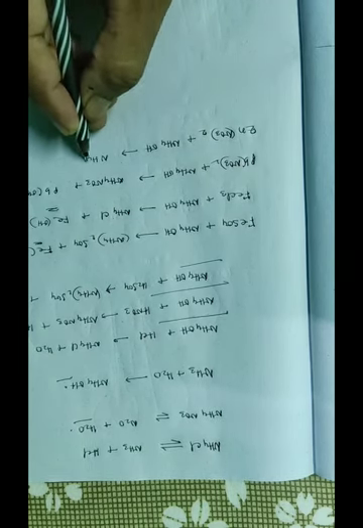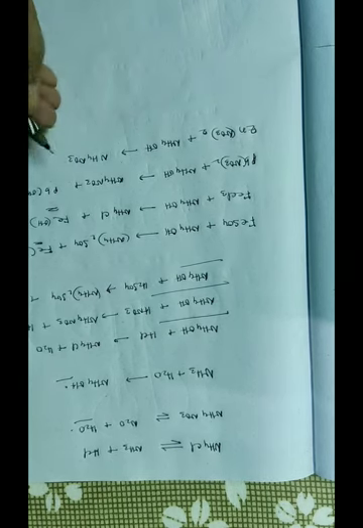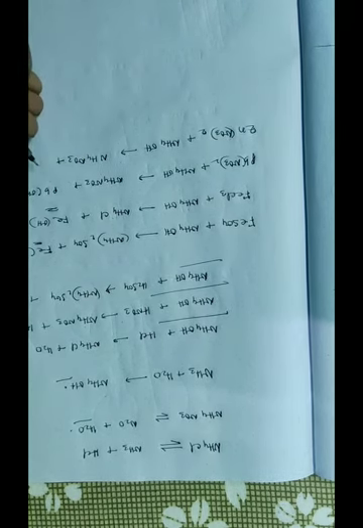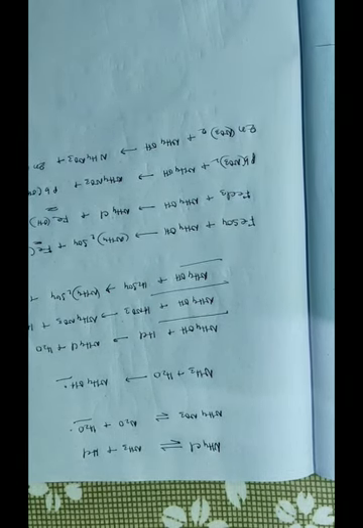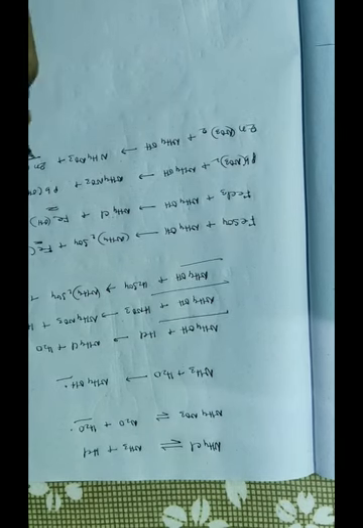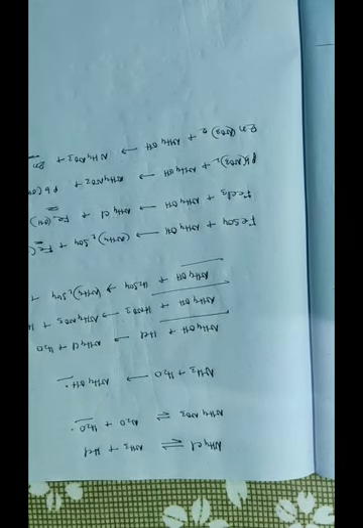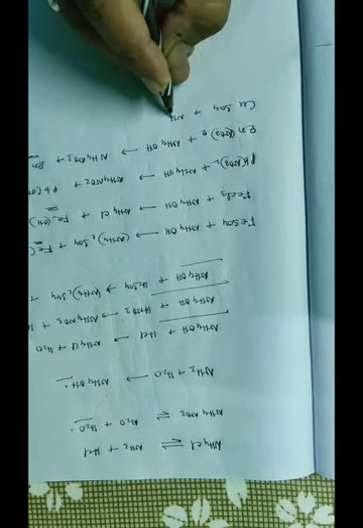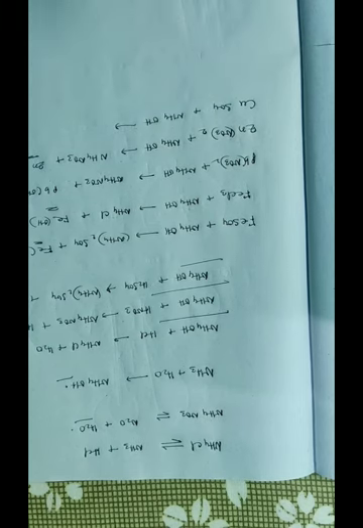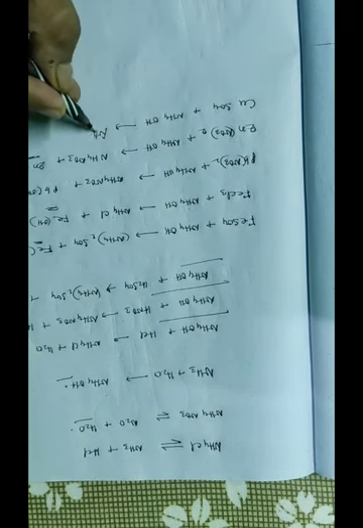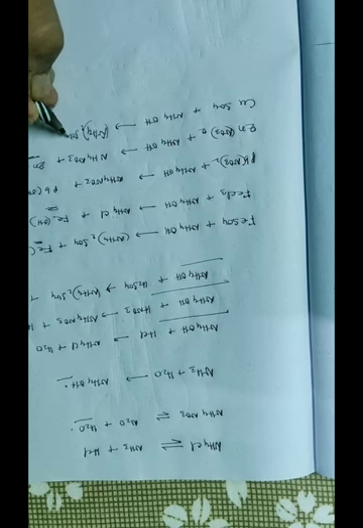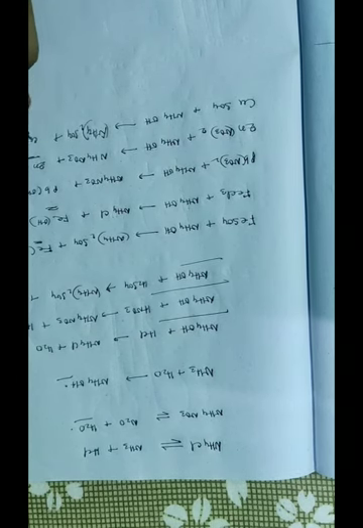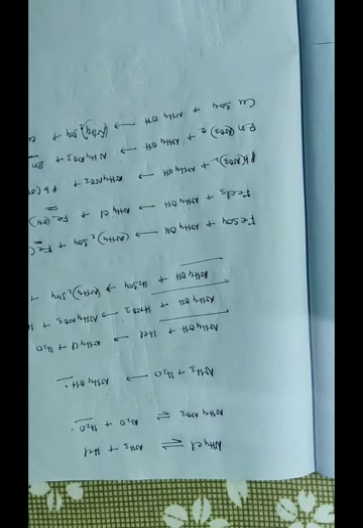Ammonium nitrate plus zinc hydroxide. White gelatinous, soluble in excess NH4OH. Now the last one, copper sulfate plus ammonium hydroxide. Ammonium sulfate plus copper hydroxide. It is pale blue and soluble.